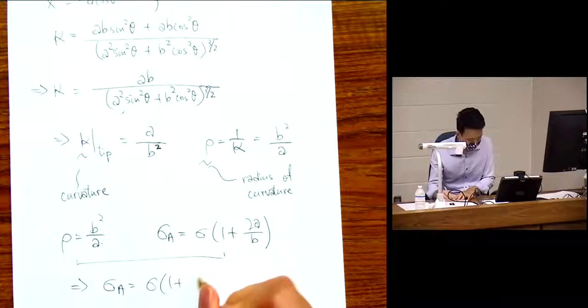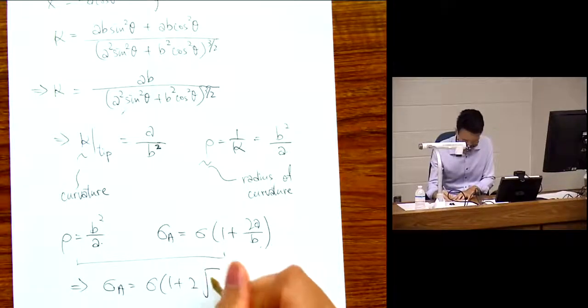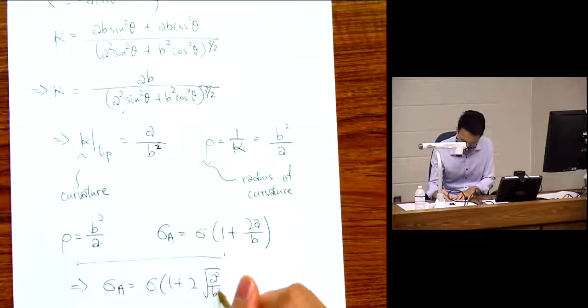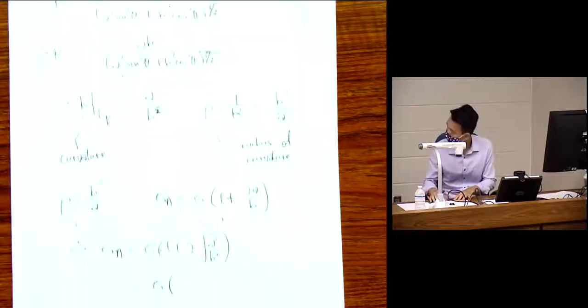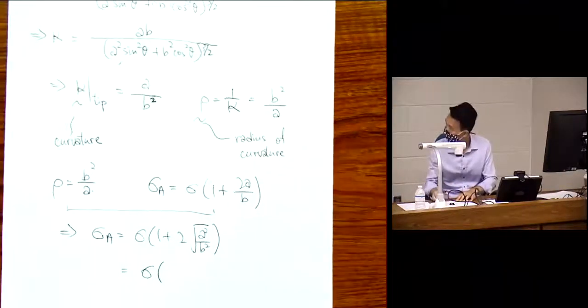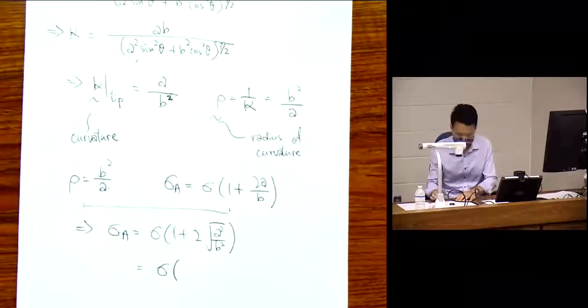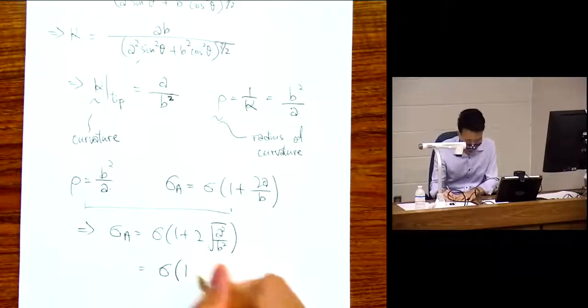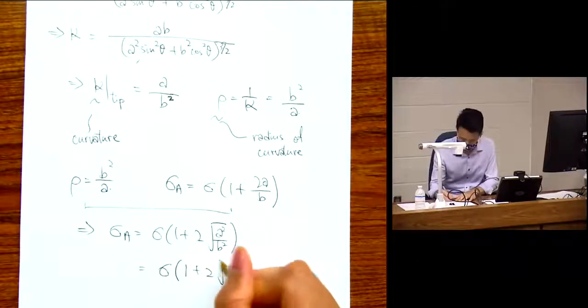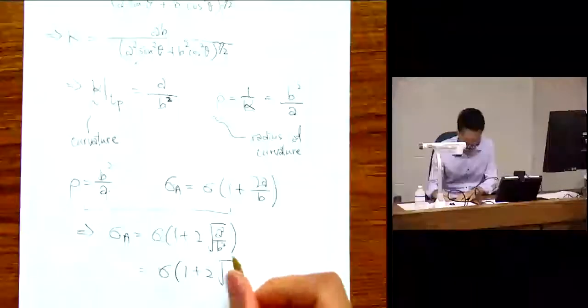Sigma 1 plus 2 a squared b squared, and just substituting that result here.